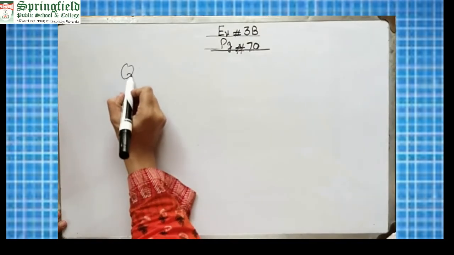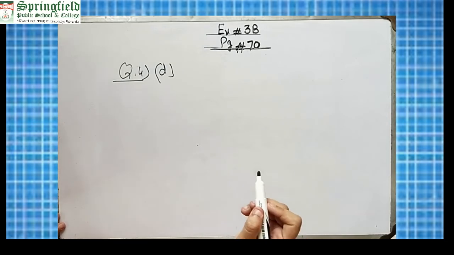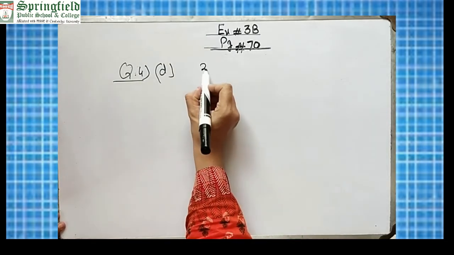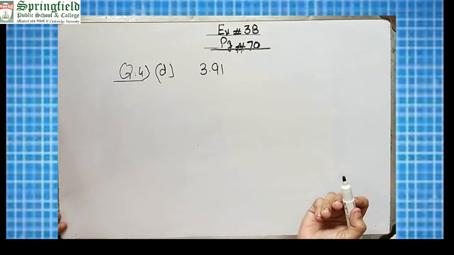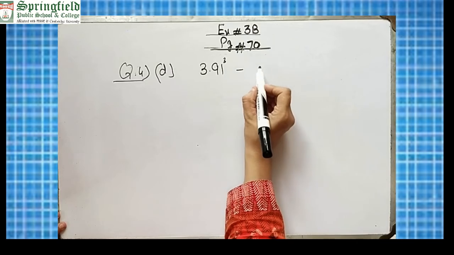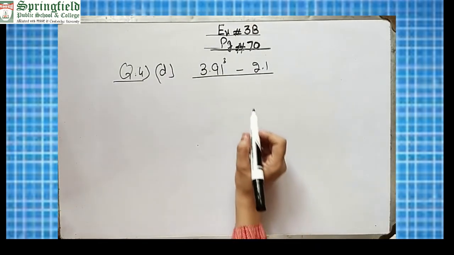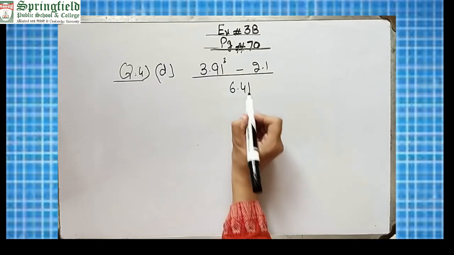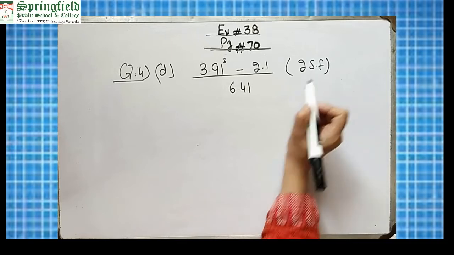We are doing question number 4, and the last part, D part, is 3.91 cubed minus 2.1 divided by 6.41, and they are saying round off to 2 significant figures.